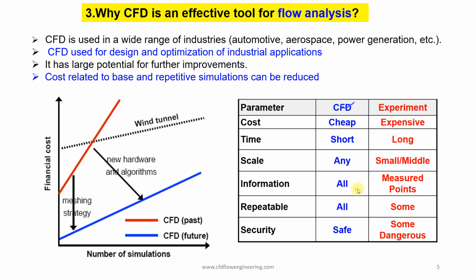In CFD we can get data at all points, but in experiment we get data only at major points, because we cannot put measurement devices at all points to get the complete data, because there are limitations in purchasing these products.